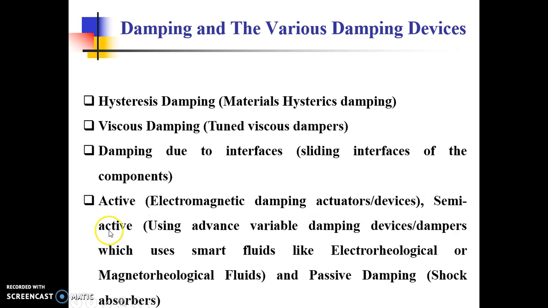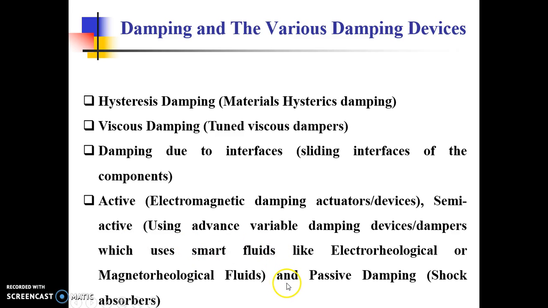One more thing is there, that is known as semi-active damping devices. In those cases, advanced variable damping devices or dampers use smart fluids like electrorheological or magnetorheological fluids. These kinds of smart materials are used in such semi-active damping devices, and the damping is also achieved.